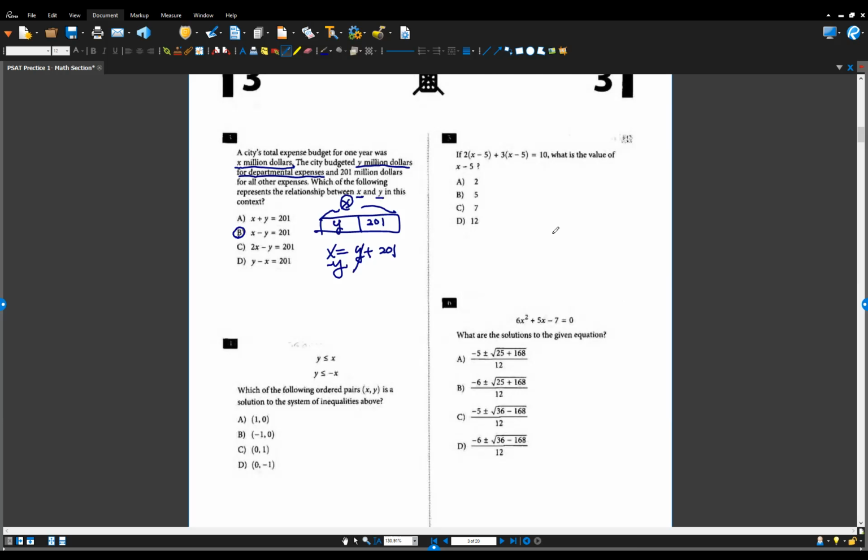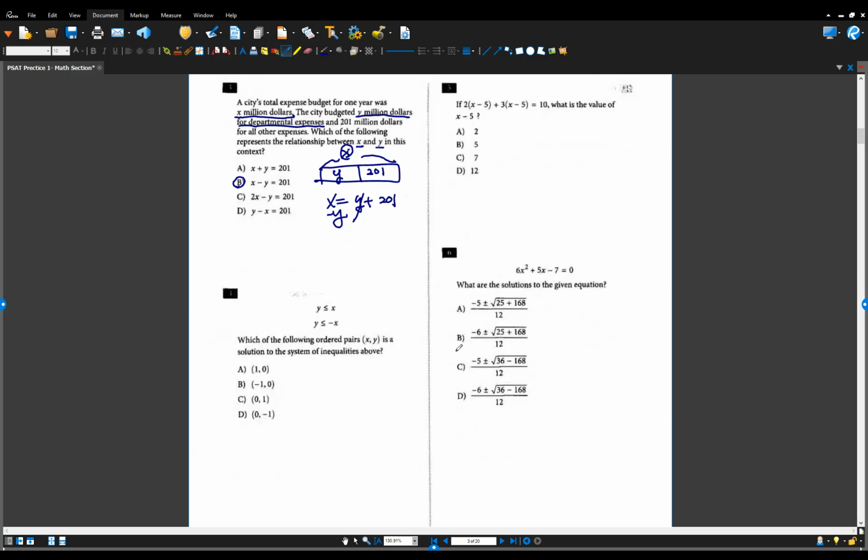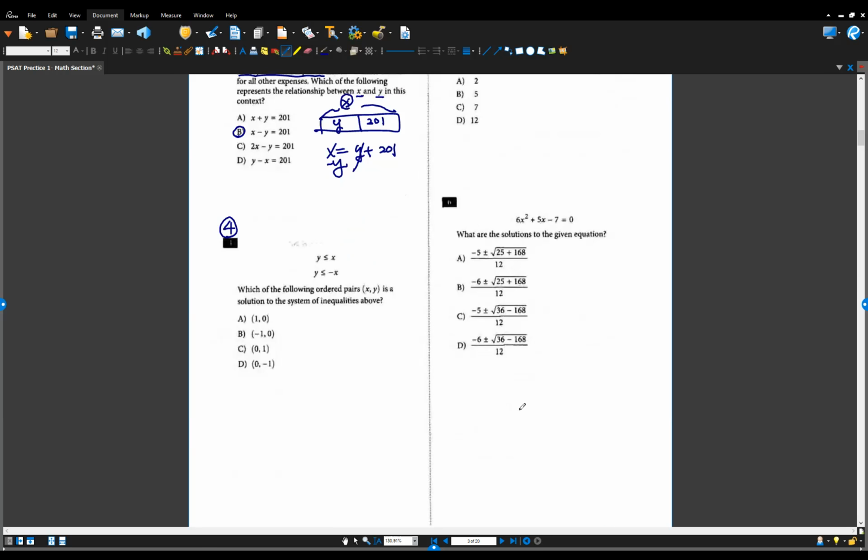All right, now let's try number 4. y is less than or equal to x, and y is also less than or equal to negative x. Which one is a solution to this system of inequalities? Okay, find out.